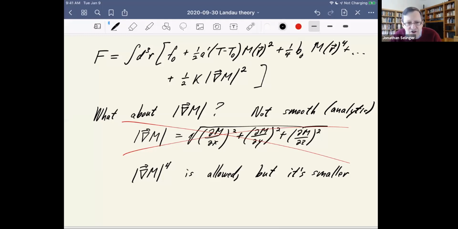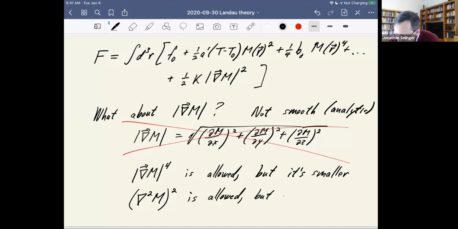And so if m is changing slowly as a function of position, that's something smaller. Likewise, if we have the Laplacian of m, quantity squared, right? That also is allowed, but it's smaller because it is a second derivative of m. Okay.